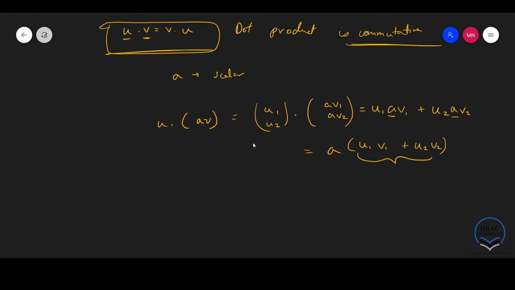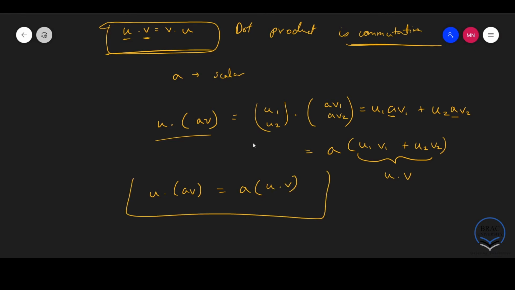Very obviously, this is just the dot product of u and v. So I can write u dot a v equal to a times u dot v, and this is true for all scalars a and vectors u and v.